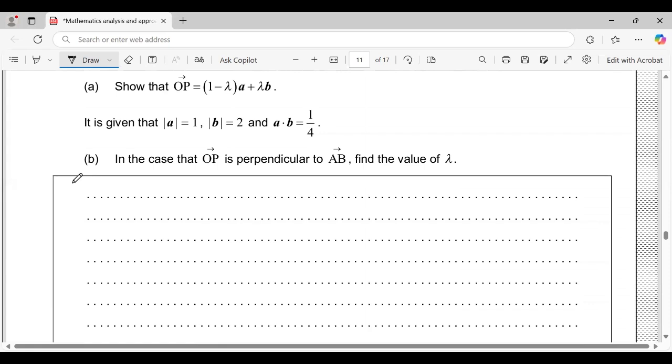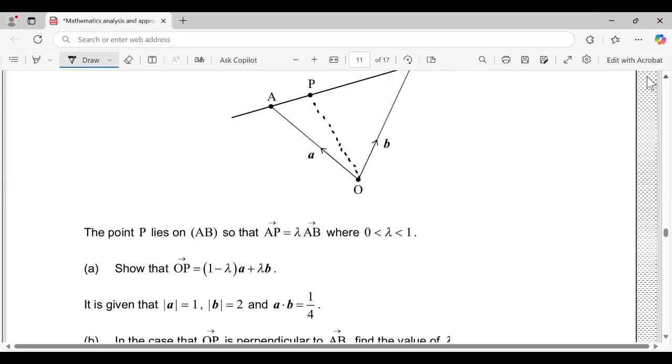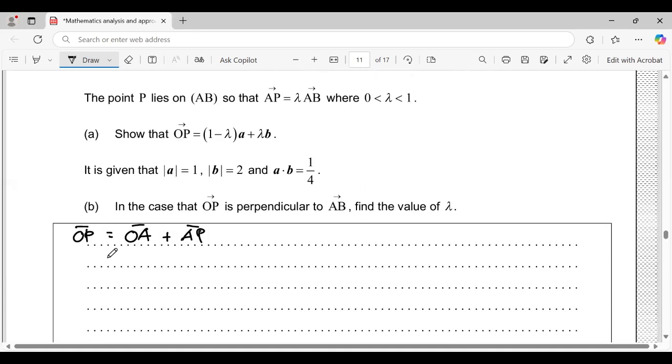So vector OP equals OA plus AP. According to the information, OA equals a and AP is lambda AB. So it equals a plus lambda AB, where AB is b minus a.